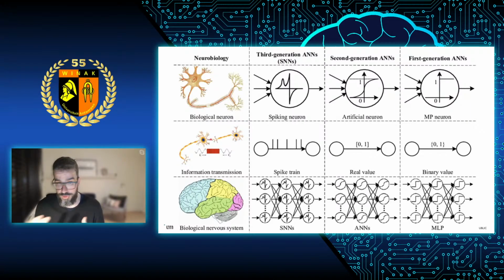So to just give you a little bit of history on one slide of neural networks, it started a very long time ago with the multilayer perceptron, where basically you only transferred information with zeros and ones between neurons. Artificial neural networks gave that a real value by saying, okay, neurons can now give a value between 0 and 1 as an output. In spiking neural networks, we're not using real values anymore.